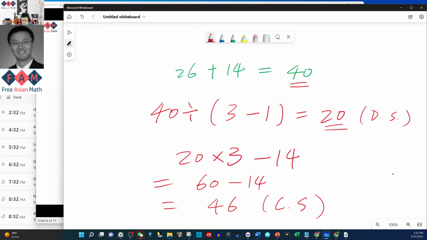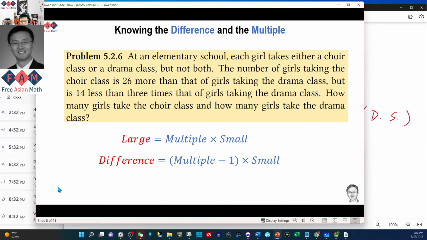Okay, so this is the typical one, but in this case it's more complicated because we have to add that hypothetical intermediate step first to convert it into a standard difference and multiple word problem. Similar to the previous one, in the last problem we knew the sum and the multiple, so we could figure out the relationship.